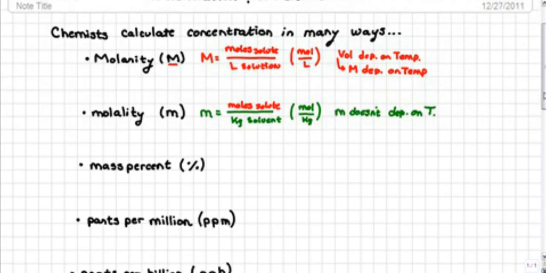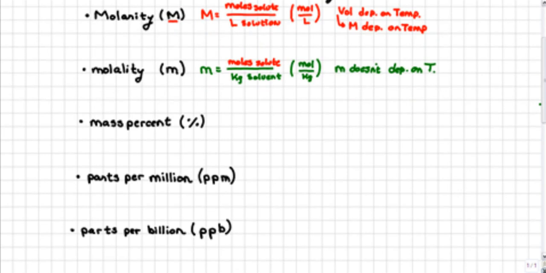Now, another way the chemist expresses concentration, we often find this in the allied health field, is in terms of the mass percent. And the mass percent is given by the following little recipe. It's the mass of the solute, not the moles, but the mass of the solute divided by the mass of the solution, that is, the combined masses of the solute and the solvent.